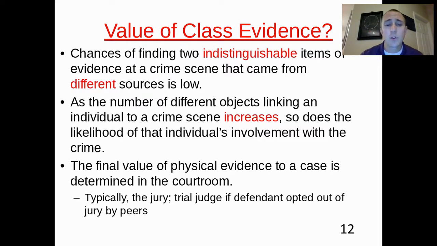It's oftentimes going to be up to the judge or the jury to figure out really what the value of that evidence is. How strong of an influence is that evidence going to have on the decision of a particular case there? So this was our brief little introduction into individual versus class evidence.